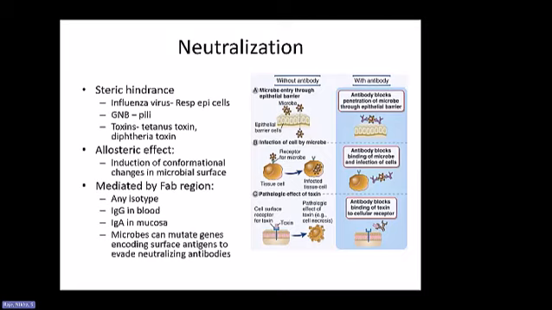The best example of that is influenza virus that changes its strain pretty much every year. We see different strains that come out, and they are doing that so that they can evade the neutralizing antibodies, right? So neutralization can be from steric hindrance or allosteric effect.